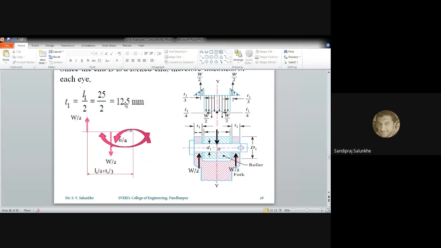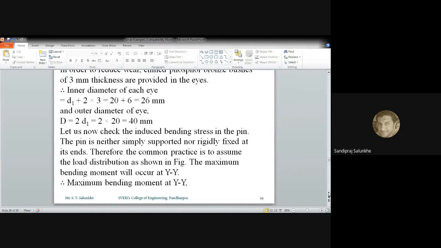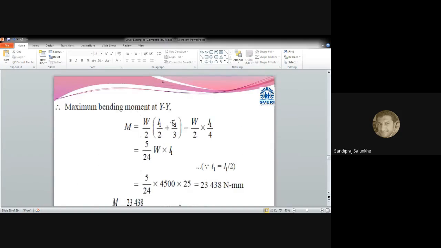Later on, we will put the value that is 12.5 millimeter. But here we are just going to mention T1 is equal to L1 by 2. So if you put the value of T1 in the form of L1, the total equation for the bending moment will become 5 by 24. How has it come as 5 by 24?